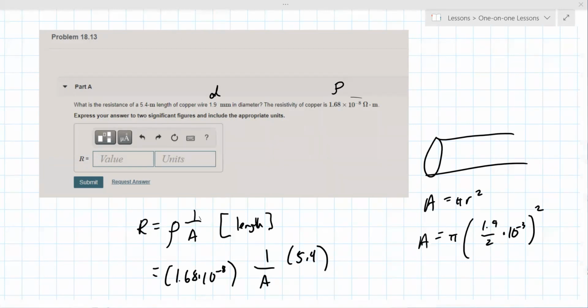So I get some of these intermediate values, and then you can check your work. 0.9 divided by 2 times 10 to the minus 3 squared.